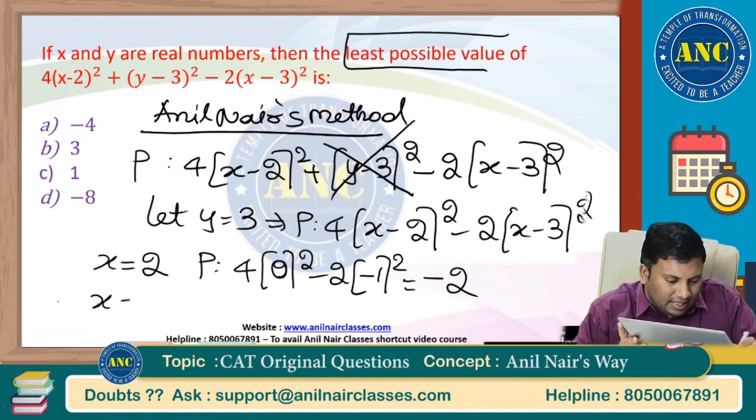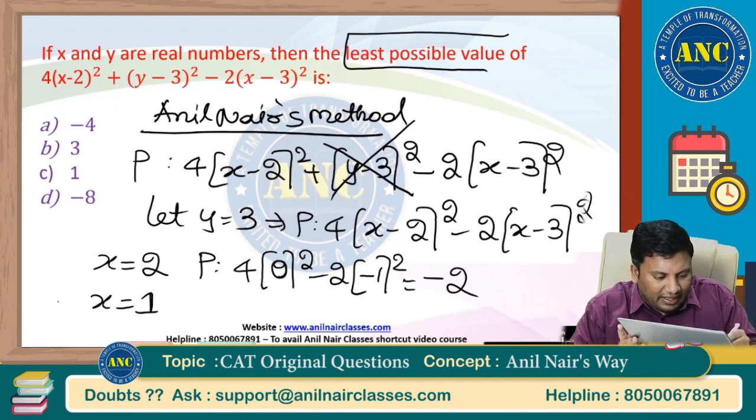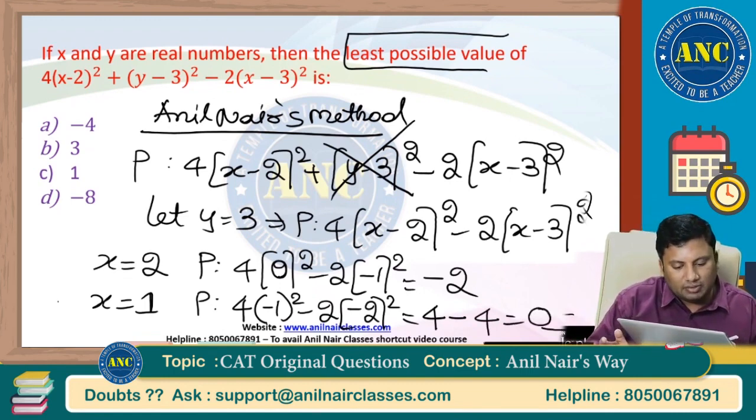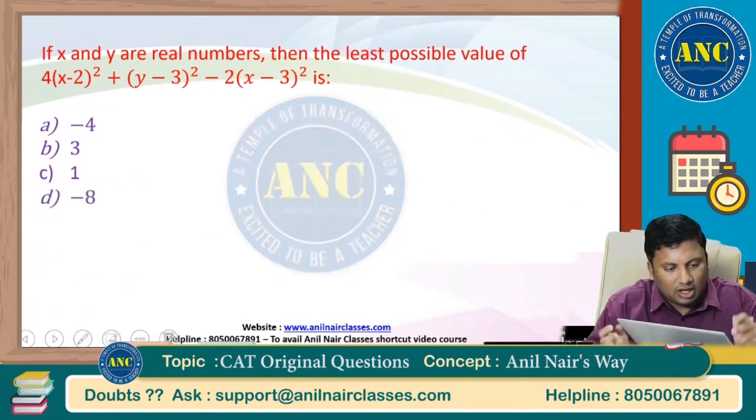Let me take x equal to 1. If I take x equal to 1, 4 into (1 minus 2), minus 1 square, minus 2 into (1 minus 3), minus 2 square: 4 minus 2 into 4, 4 minus 8. Now I'll solve it neatly here.